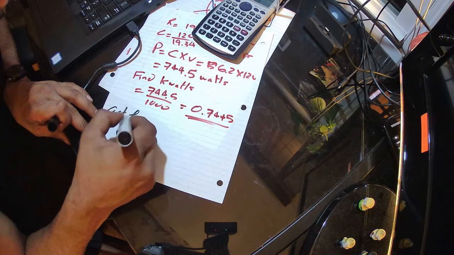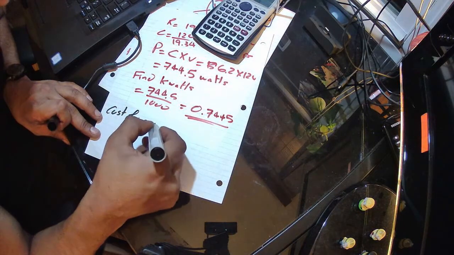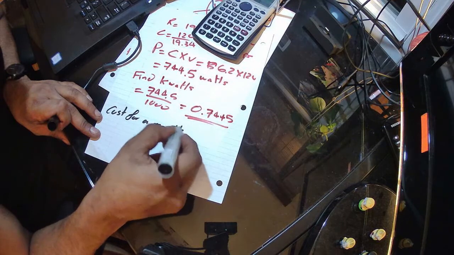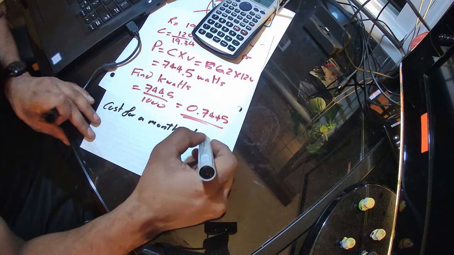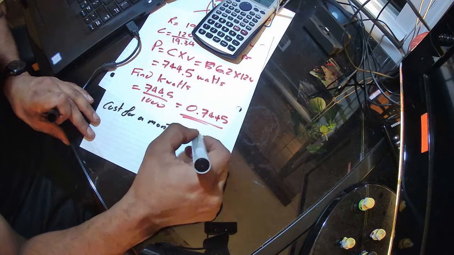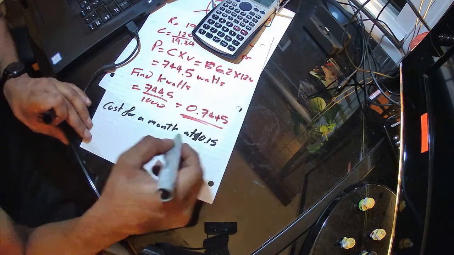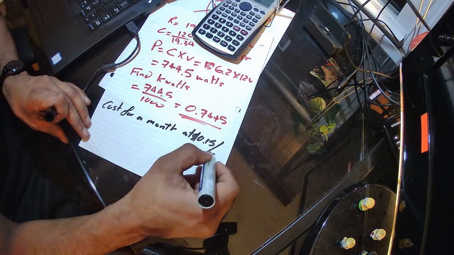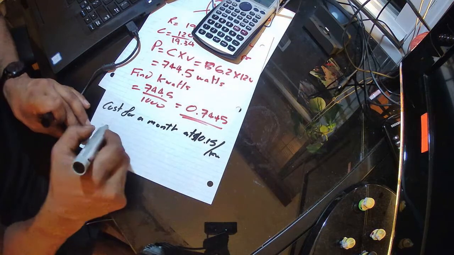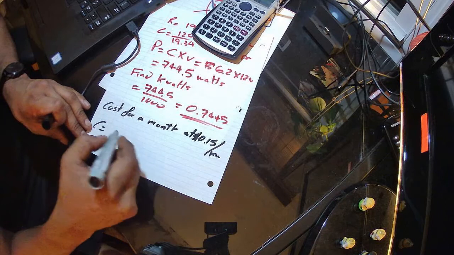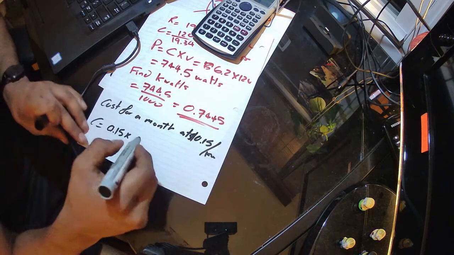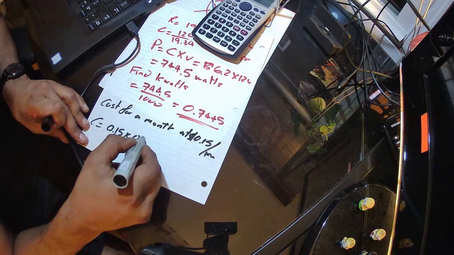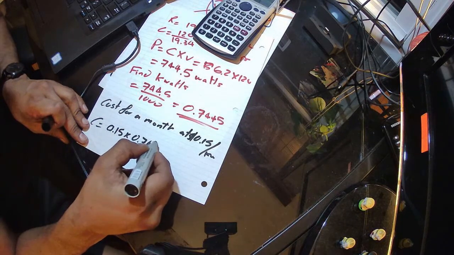cost for a month. So at 15 cents per kilowatt. So that will be cost equal 0.15 times 0.745.